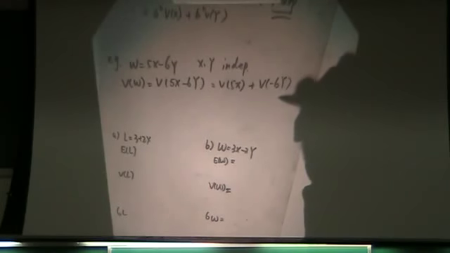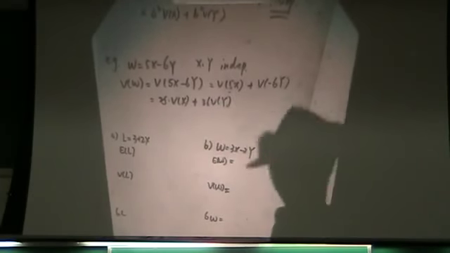Do you agree at this step? And then we factor out, just taking the square of these numbers: 25 times the variance of x plus 36 times the variance of y. Just very straightforward and simple.